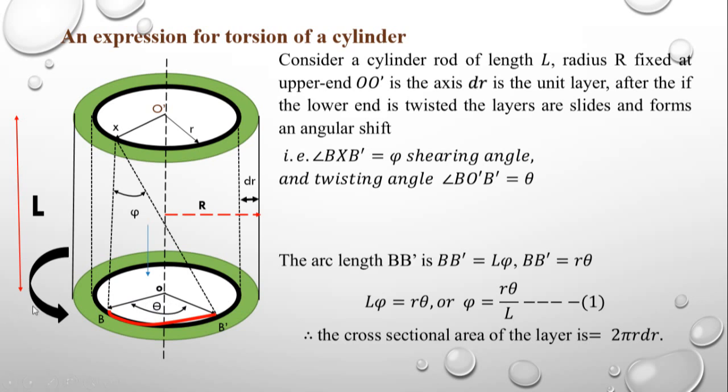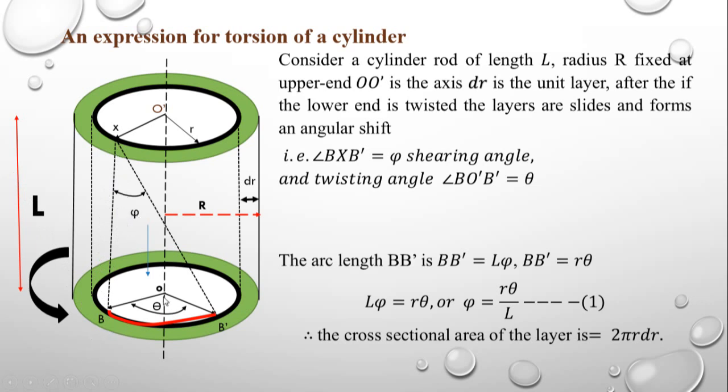Later, the arc length B to B dash, the length of arc B to B dash, one of the arcs of the cylinder, whose length is equal to L into phi, that is BX, L into phi.